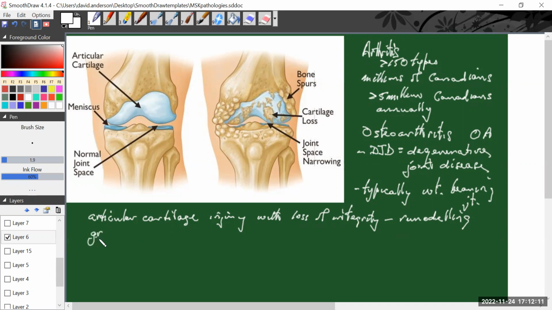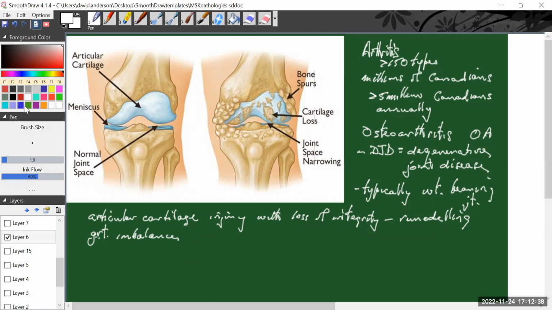I use the abbreviation GRT for gives rise to, or leads to. So the injury gives rise to imbalances, and those imbalances are going to change the integrity of the joint. If you grind down one side, the joint space is reduced on one side, it gaps on the other side, and you change the mechanics across that joint.